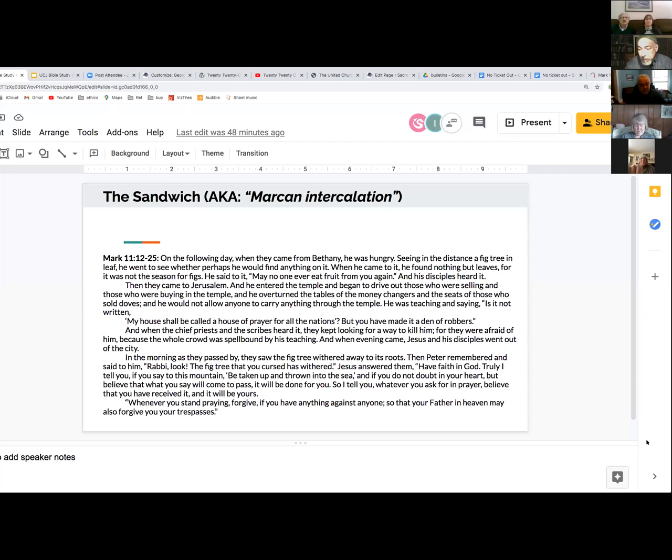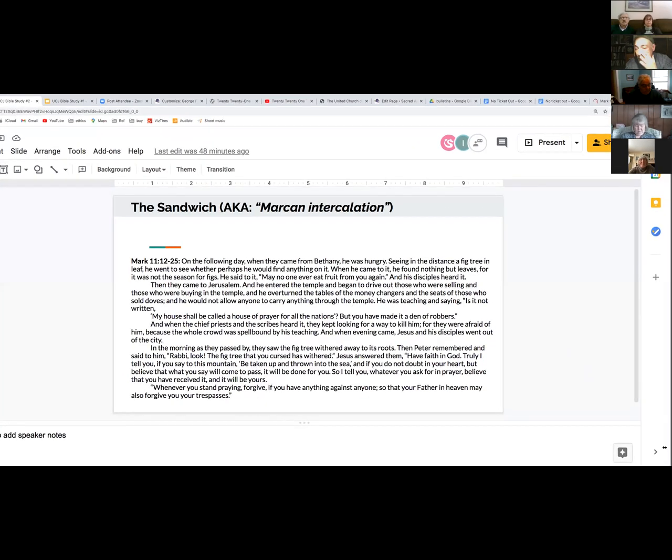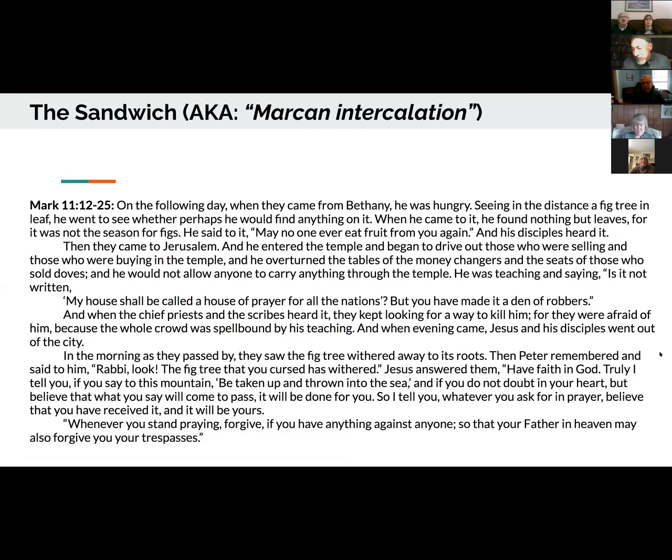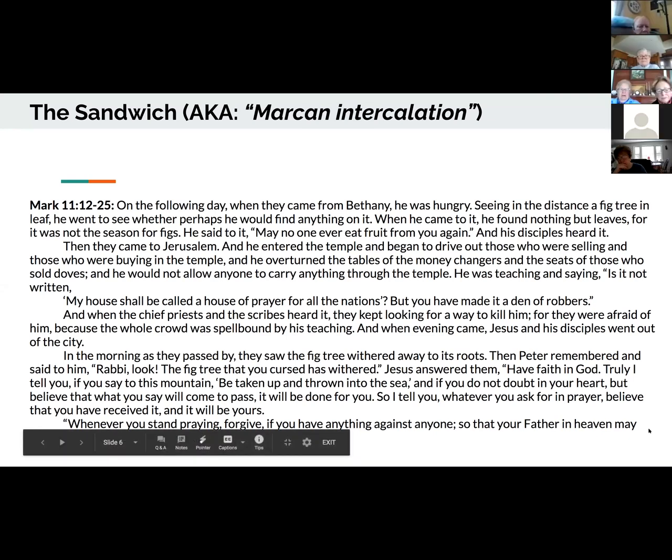Yes, the sandwich. Okay, so once we look at the larger context for this passage that we're looking at, things start to become clear. There's a technique, of which this is perhaps the most famous example, called an intercalation. Bible scholars call it an intercalation. I don't know where that word comes from, but they also call it a sandwich, and you'll see why.